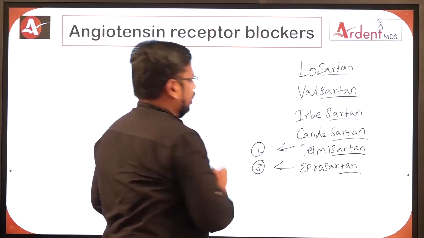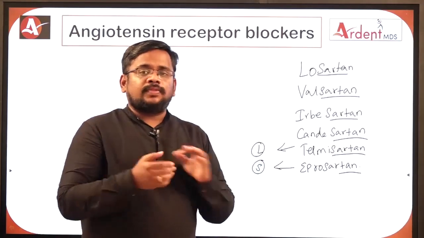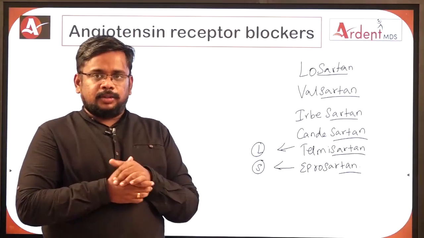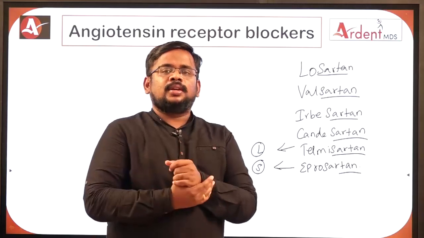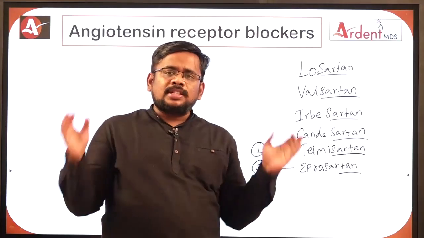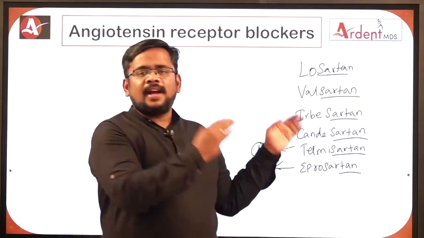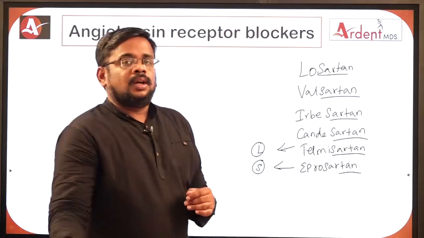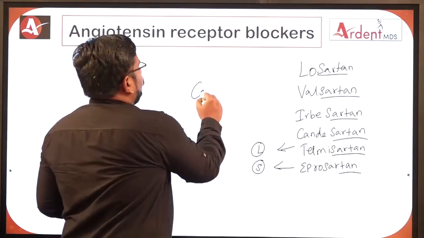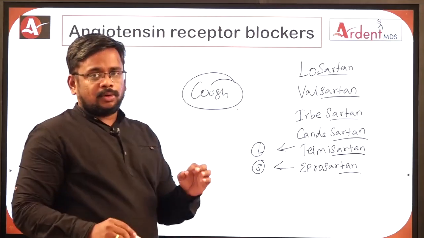Eprosartan is the shortest acting. Number two, what are the adverse effects of angiotensin receptor blockers? The angiotensin 2 is released, but it does not act on the receptors. The adverse effects of angiotensin receptor blockers are the same as angiotensin converting enzyme inhibitors except cough, which is less associated with angiotensin receptor blockers.